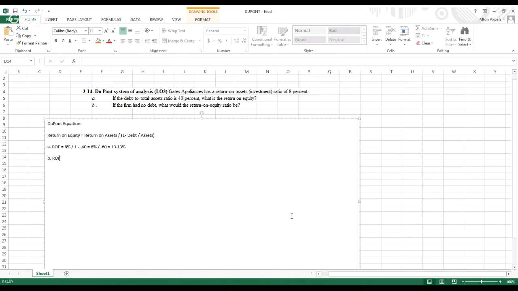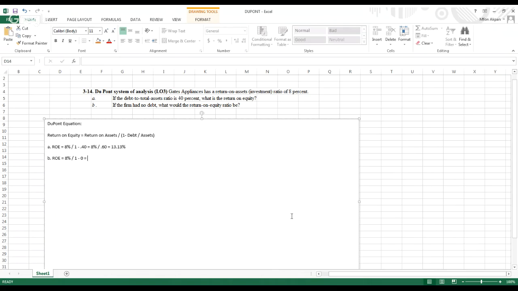So we've got the ROE, that would equal 8%, and then we would have 1 minus 0 because there's no debt.